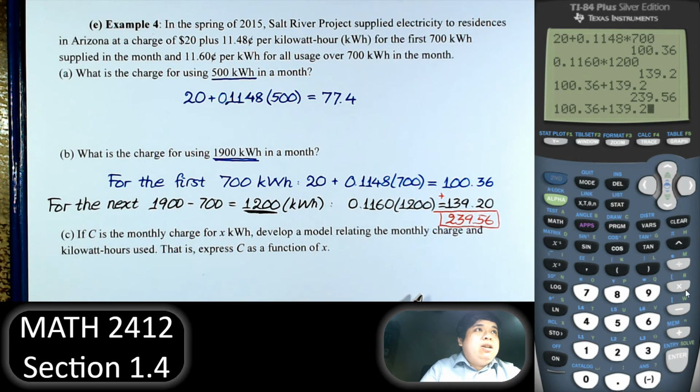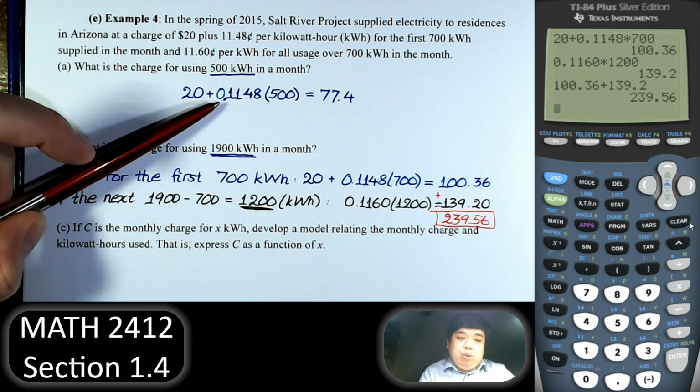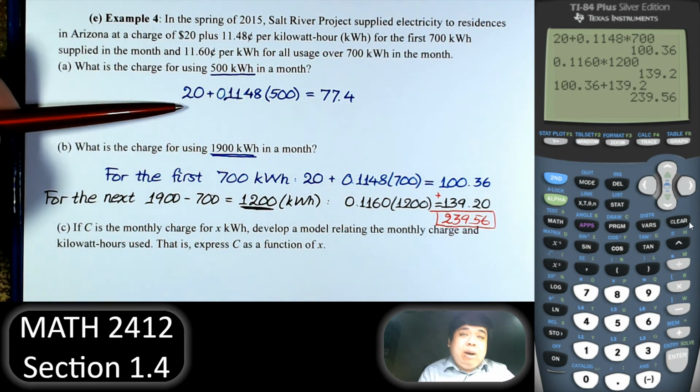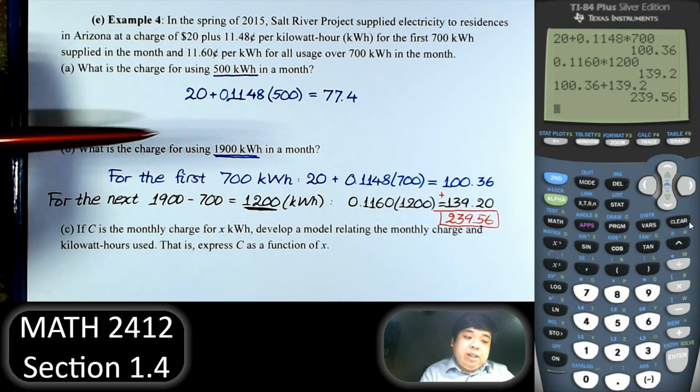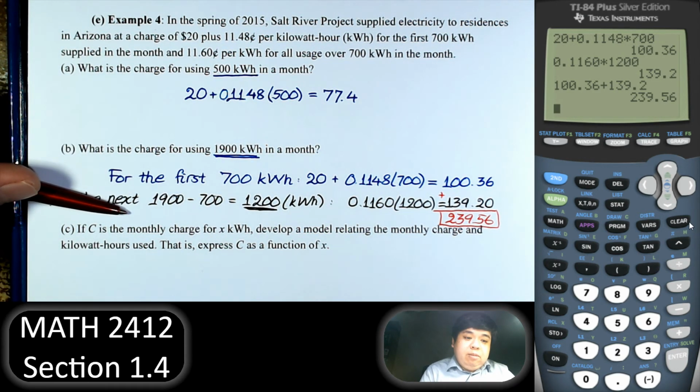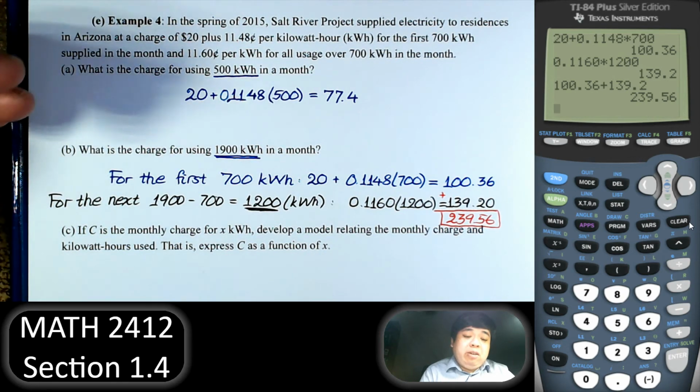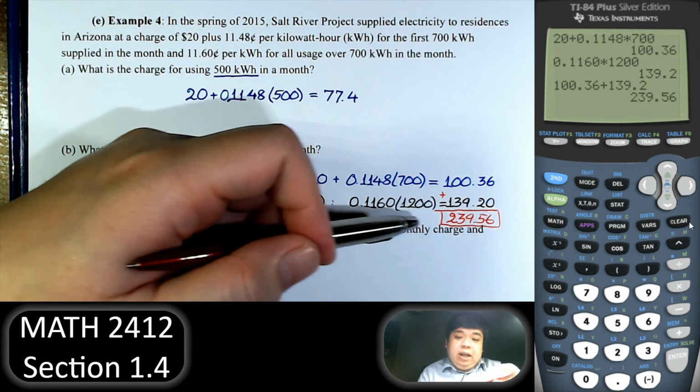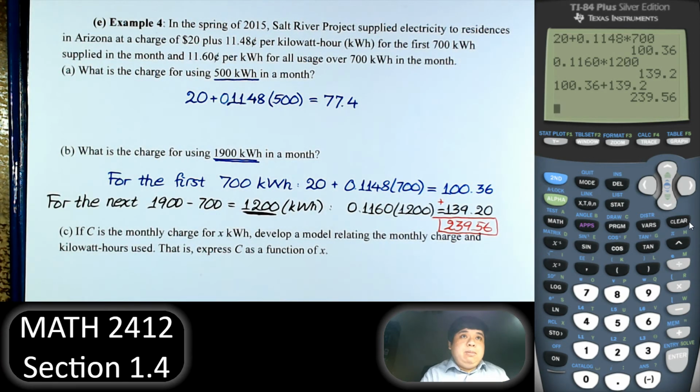That will give us the last entry, and then we can just change that. Right? So that's how it works. So if it is 700 or less, we use this rate and still have to pay the $20 flat fee. If it is more than 700, we use this rate, and then we have to add them up.